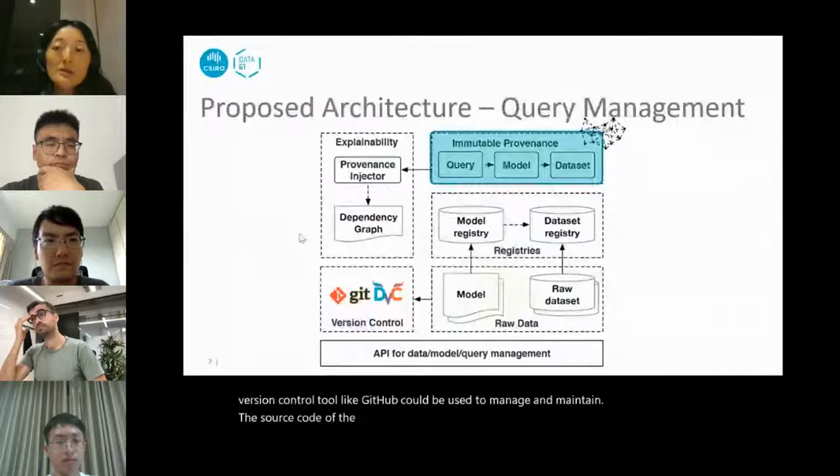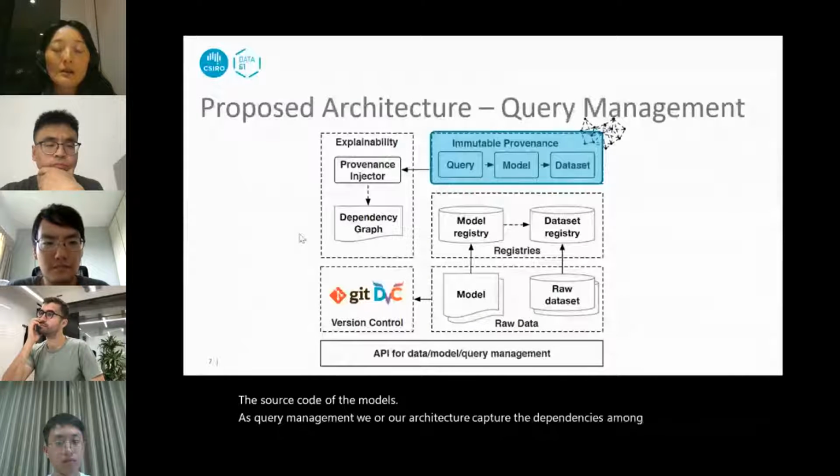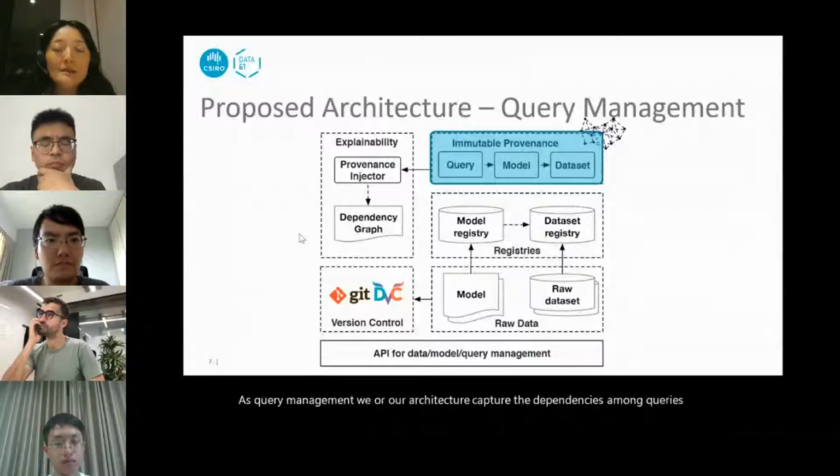As for query management, our architecture captures the dependencies among queries or predictions with models and the corresponding data sets.